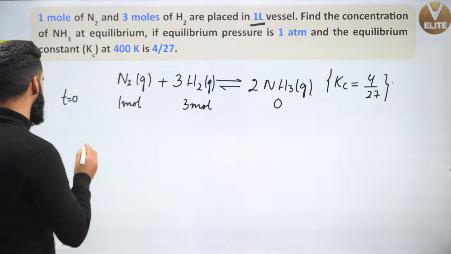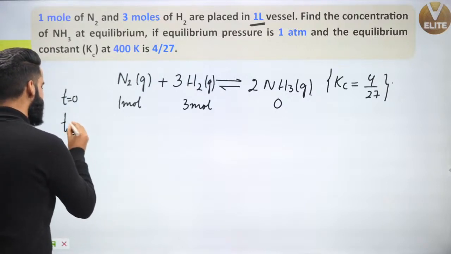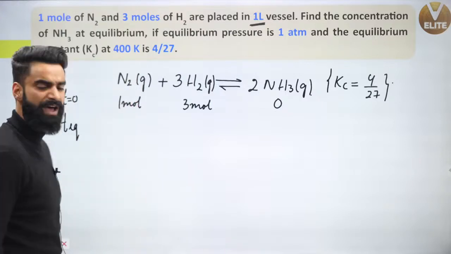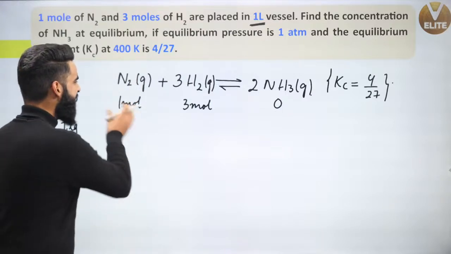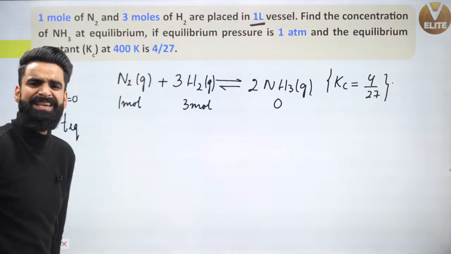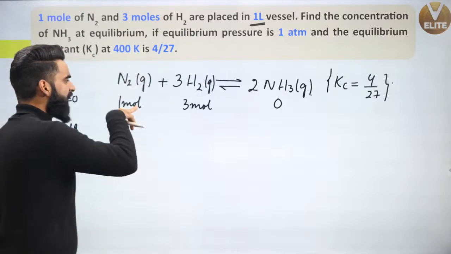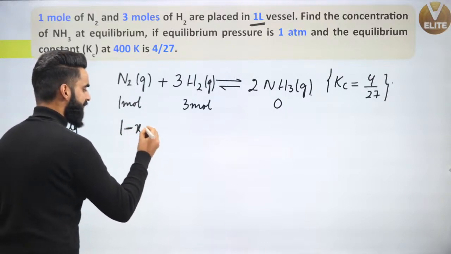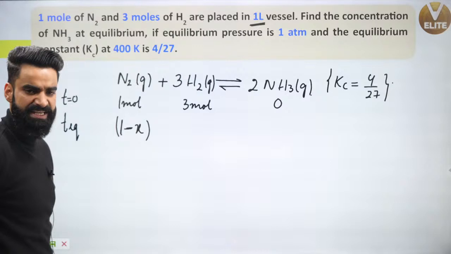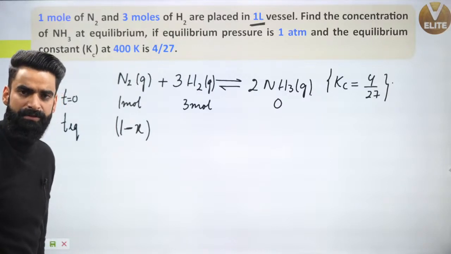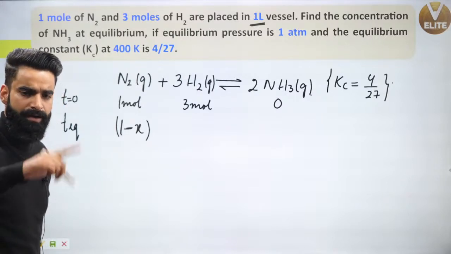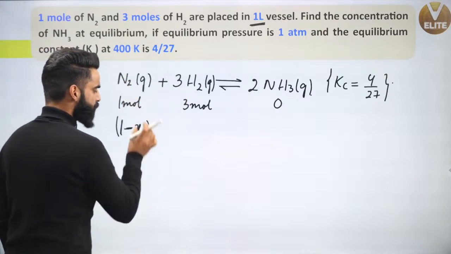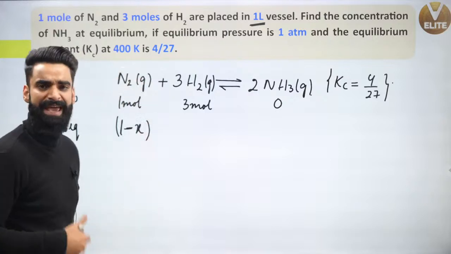Now guys, see how to approach this sort of question. Let's assume at equilibrium, out of 1 mole of N2, X moles have reacted. So how many moles of N2 will be left at equilibrium? I would say 1 minus X moles. Now, 1 mole of N2 reacts with 3 moles of H2, so X moles should react with 3X moles.